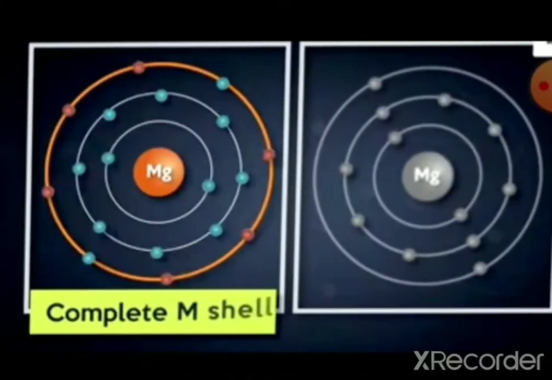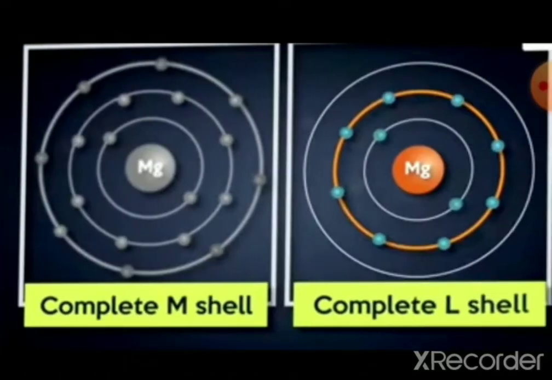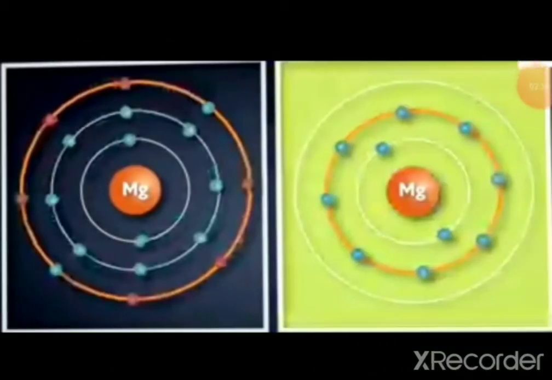If magnesium gains 6 electrons, the M shell can complete, and if magnesium loses 2 electrons, its L shell will remain complete. So it is easier to lose 2 electrons.